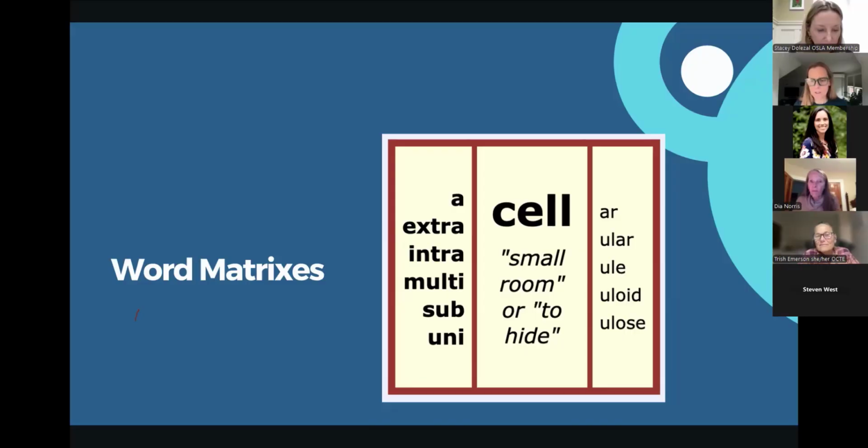Have them make up words that have ular as an ending, and kids love playing with language, and especially now. And most of our language is getting sort of chopped up into little bits, but if we can get them to take those little bits and add other parts, that could be fun.